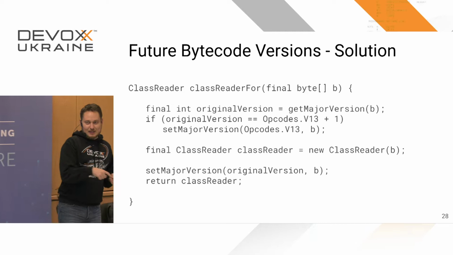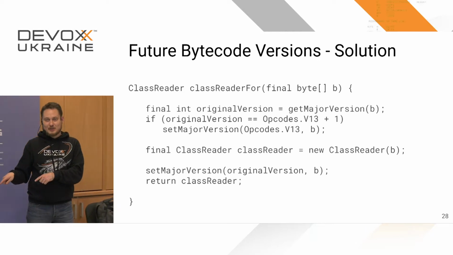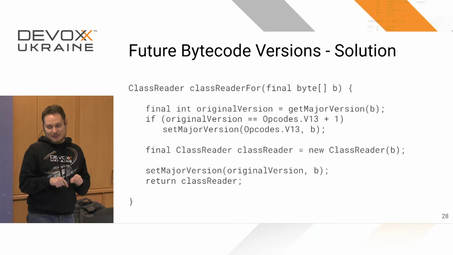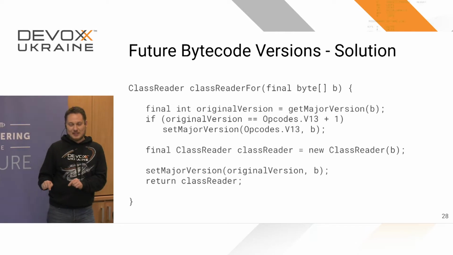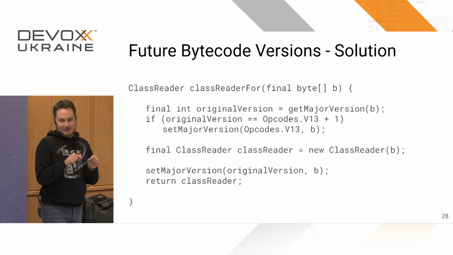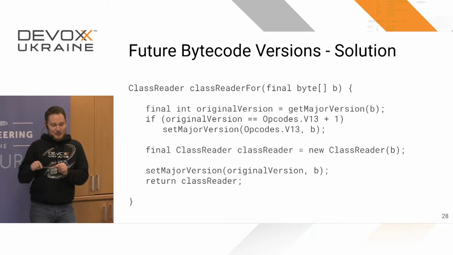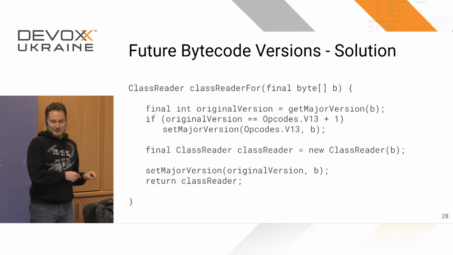Solution for this: before passing the class bytes to the ASM bytecode manipulation library, we modify those class bytes, pretending that it's one version lower. So basically pretending that it's the version that ASM could read. ASM successfully reads it, and we restore class bytes back.